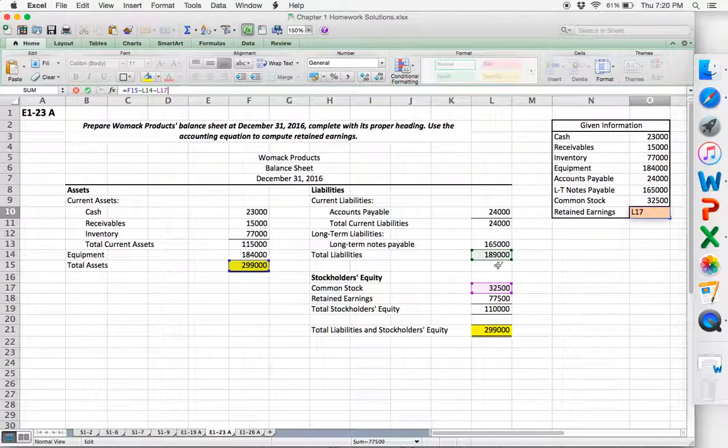So we're subtracting 189,000 from it. And you're also going to subtract what they gave us for common stock. So you're going to subtract out 32,500. So you're going to subtract both of these numbers from your 299,000, and that is what gets us our 77,500 that will then populate this little box right here.